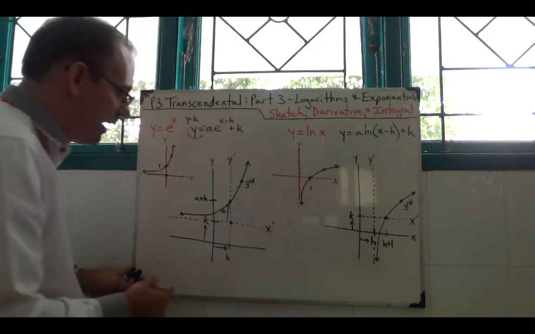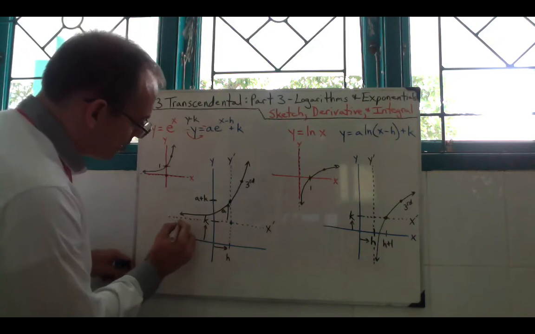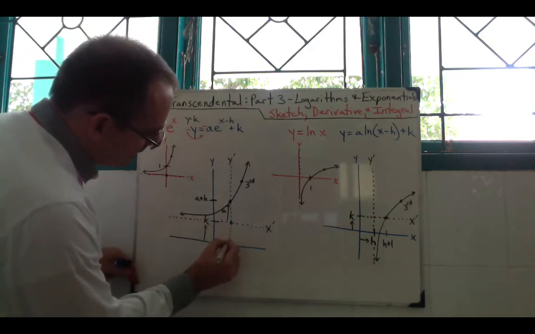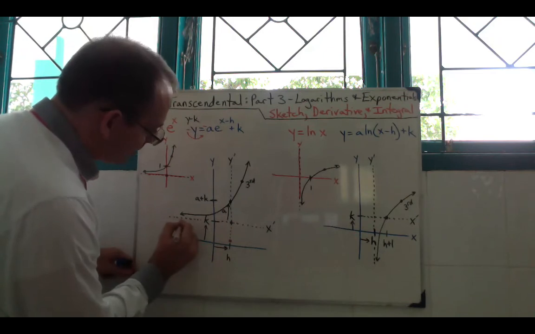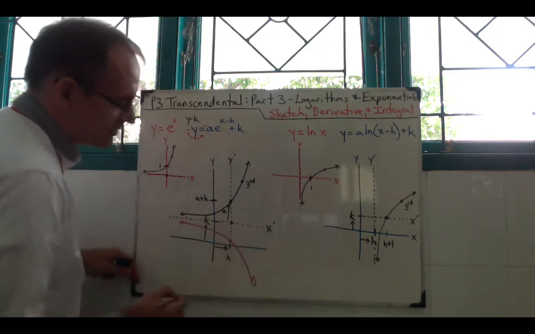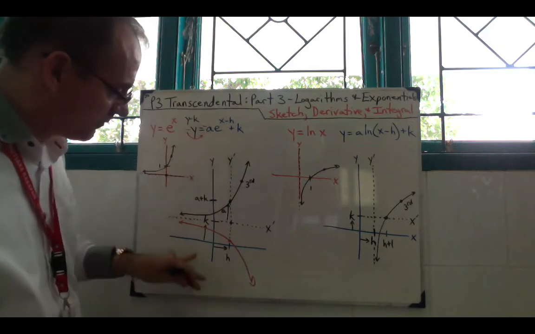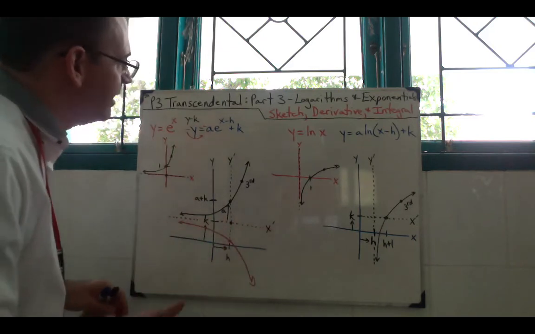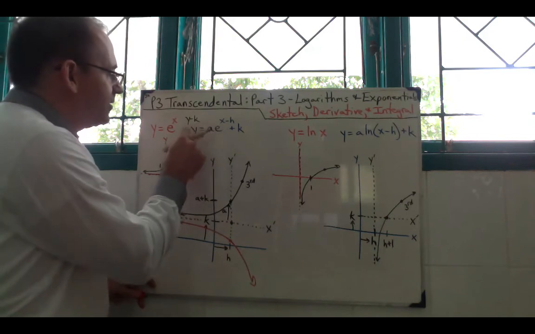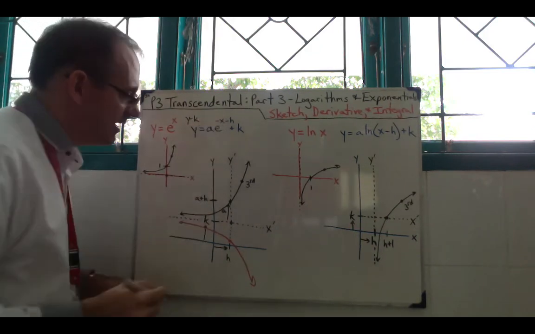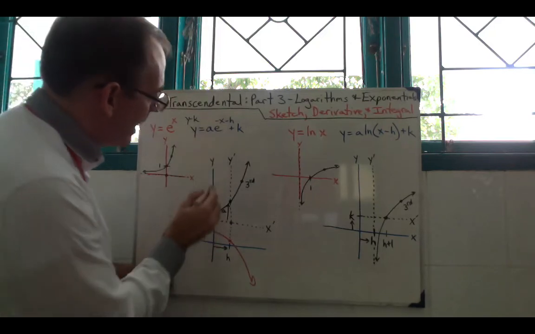Well, this is your new x-axis, so that would mean that you would have some dot like here, and your graph would go something like this. Okay? So negative on the a means your graph is going to flip across your x-axis. And if your negative were on the x, then it's going to flip across the y-axis.